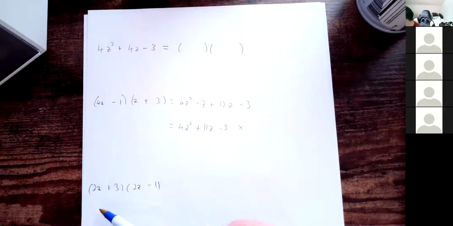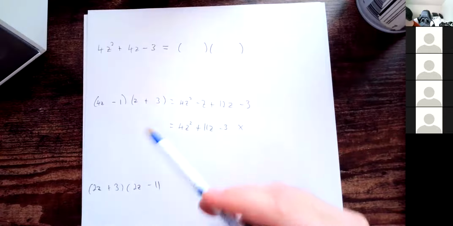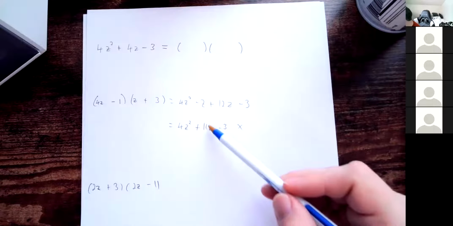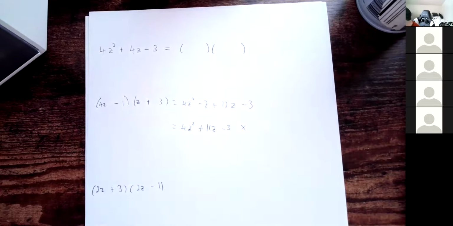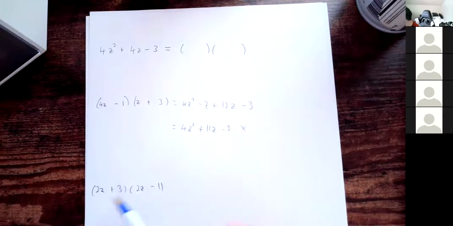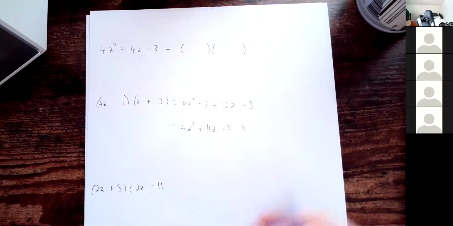The reason choosing 2 and 2 might be a good idea is that when I had 4 and 1, the middle term got too big because of the 3 times 4. So with 1 times 2, negative 1 times 2 is negative 2, and 2 times 3 is 6z. You can already see it's going to work out because you get 6z minus 2z for the middle term, which is equal to 4z. So thank you, Max, for that contribution.